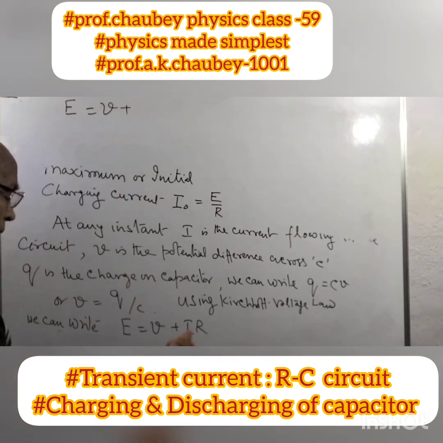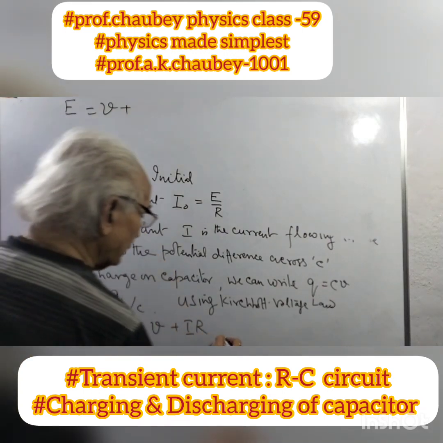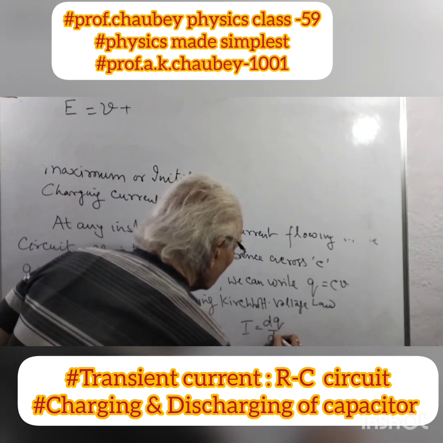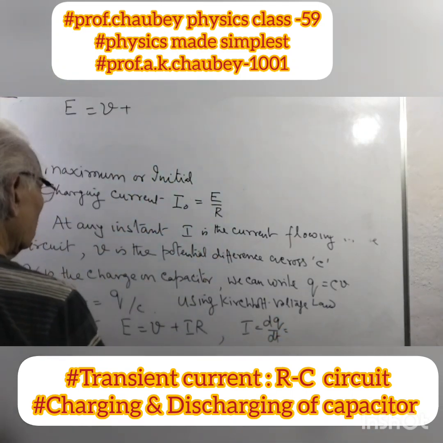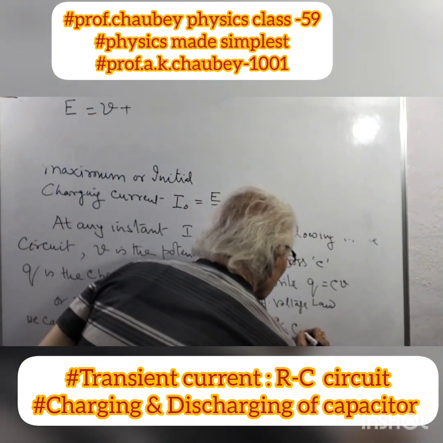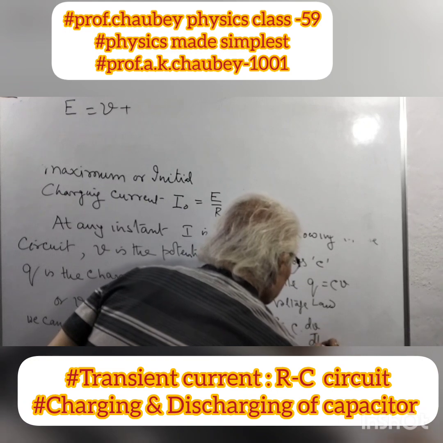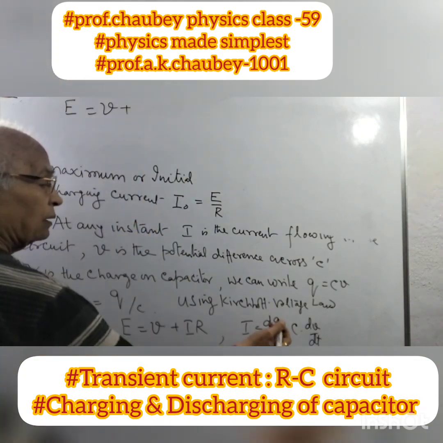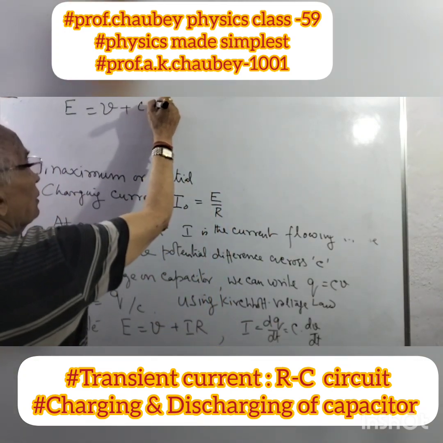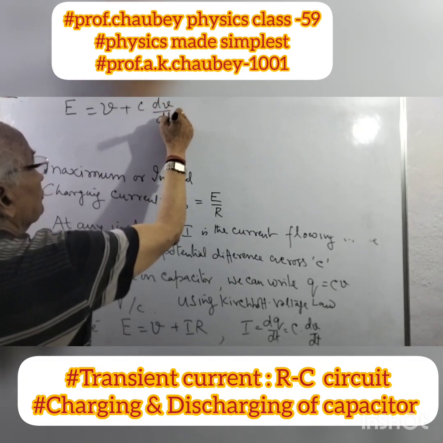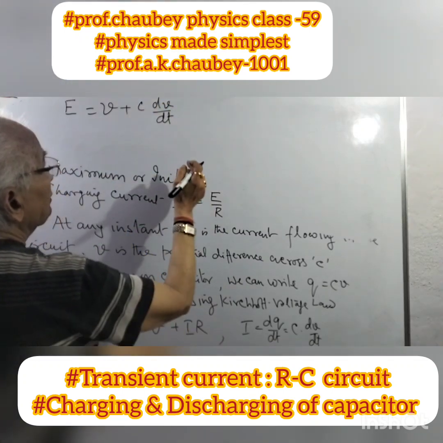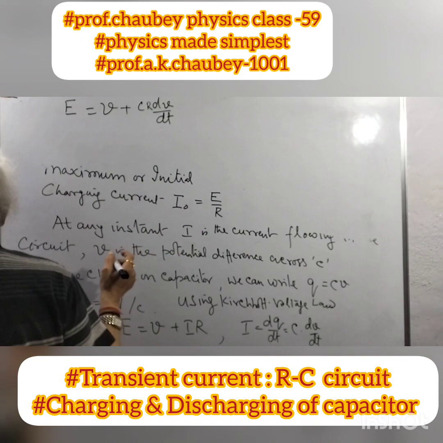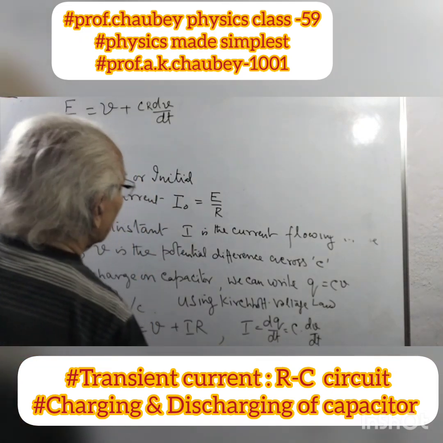Since Q equals C V, dq/dt is C dV/dt. So we can write E is equal to V plus C dV/dt times R, that is, V plus C R dV/dt.